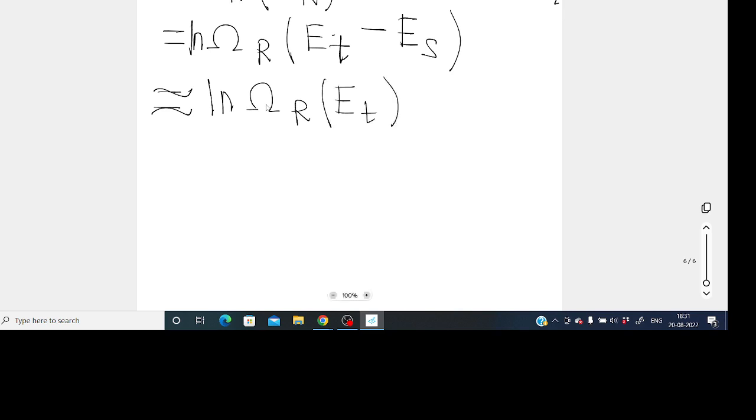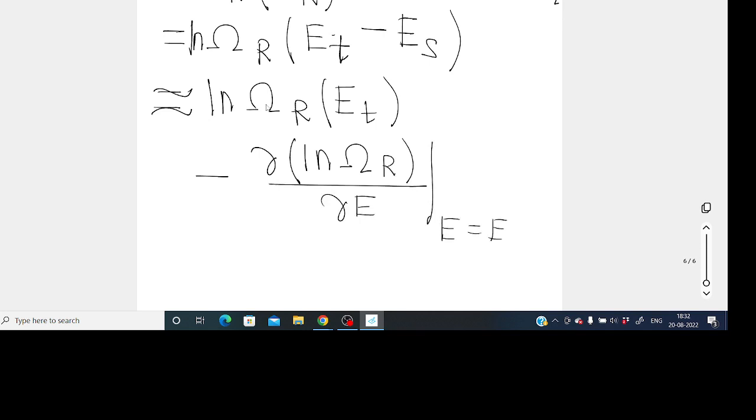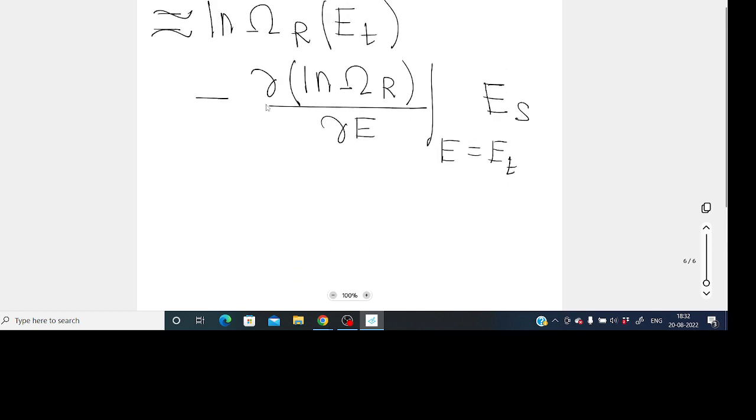So in the first term we have log of omega R as a function of E_T, minus the differentiation of this term with respect to E at E equal to E_T, times E_S, plus some higher order terms which we will neglect because we have considered the assumption that E_S is much smaller than E_T.